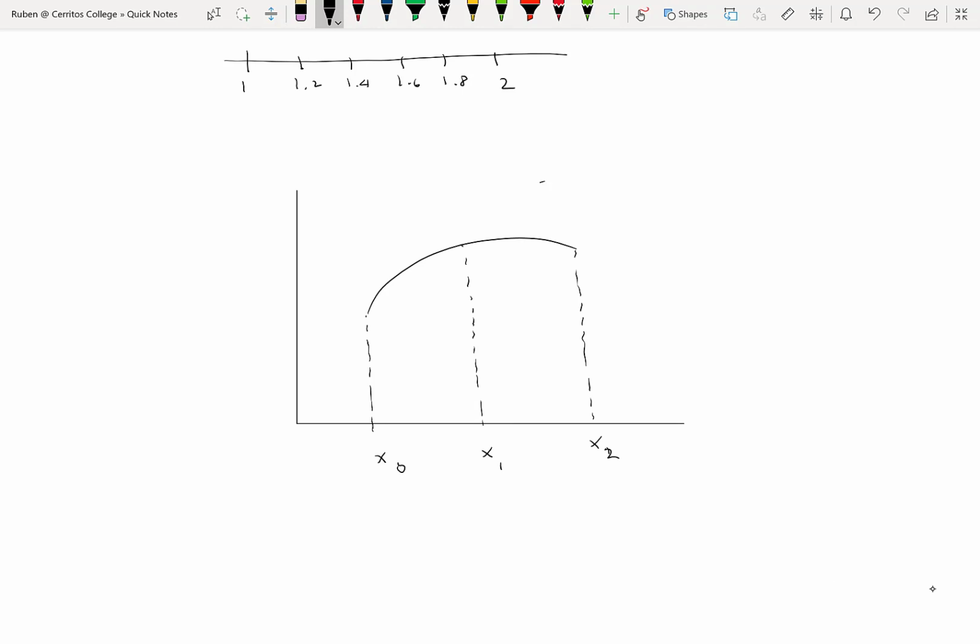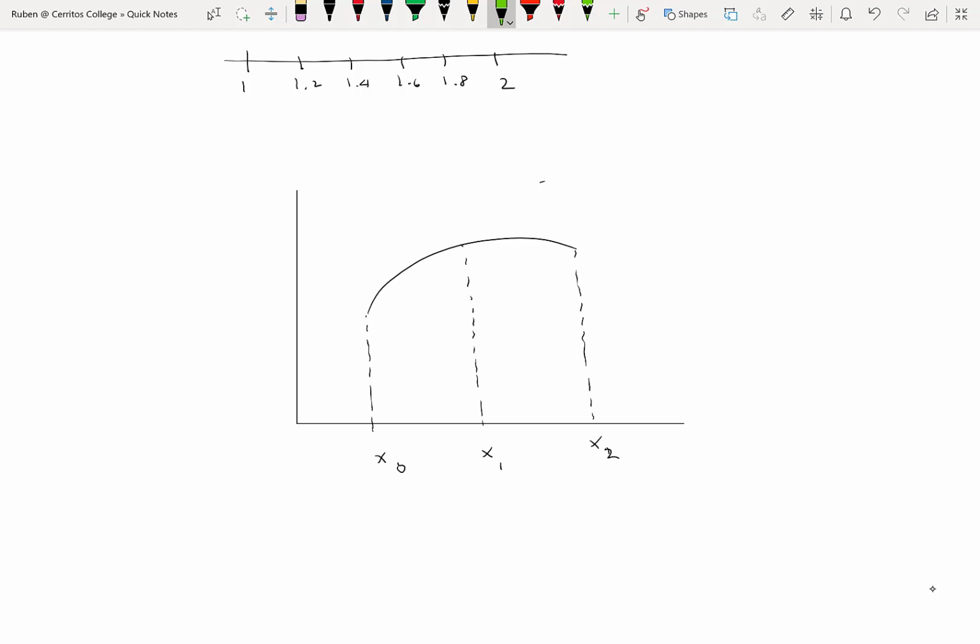Here's a drawing of our first 2 subintervals again. And for this last method, we're gonna improve on the trapezoid rule. Of course, the midpoint rule as well by a whole bunch, but we're gonna think about it as an improvement on the trapezoid rule. So what does the trapezoid rule say?